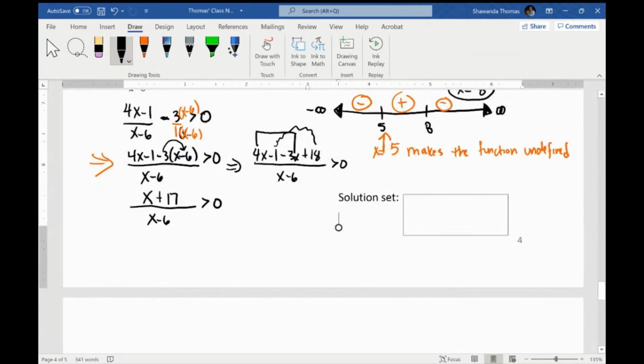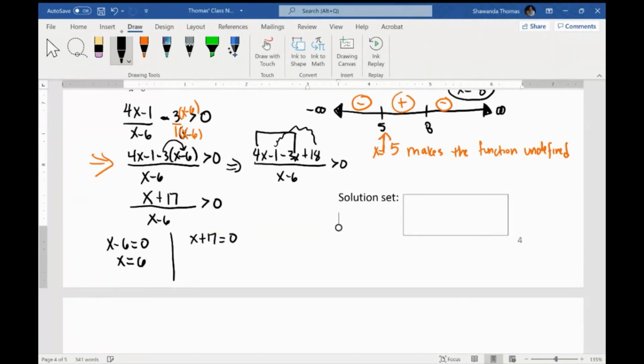How do we find the key numbers for a rational inequality? Set the denominator to 0. All right, we got x minus 6 equals 0, so we know one is x equals 6. All right, what else? Really, to just set your numerator to equal 0.